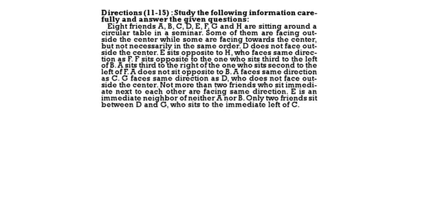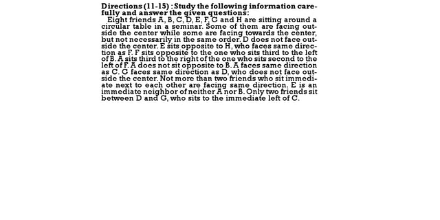11 to 15. Study the information carefully, then answer the question. 8 friends A, B, C, D, E, F, G, H are sitting around a circular table in a seminar. Some of them are facing outside the center, while some of them are facing the center. D does not face outside the center.